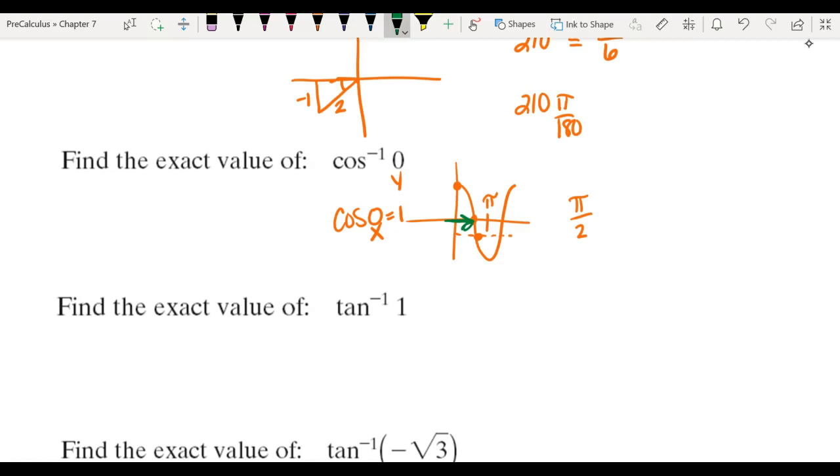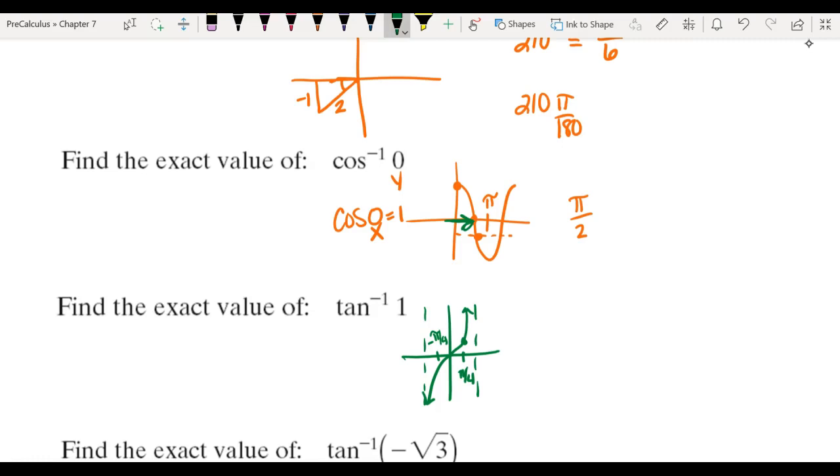All right. Can we try tan inverse of 1? If you have the graph of tan, it looks like this. And remember, this is pi over 4. This is negative pi over 4. That's just the set points of it.